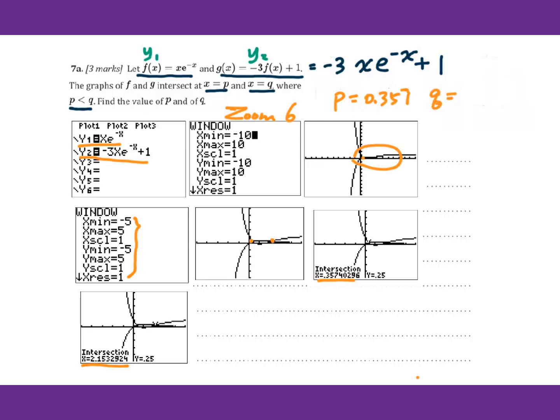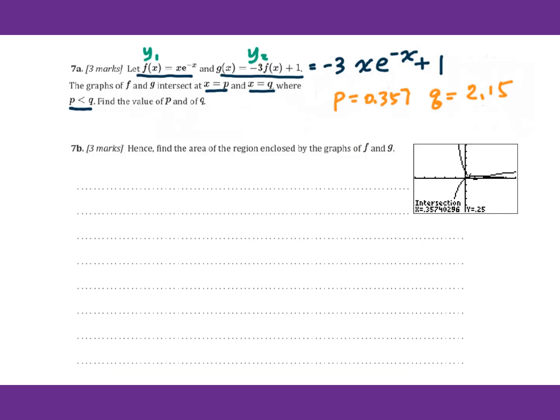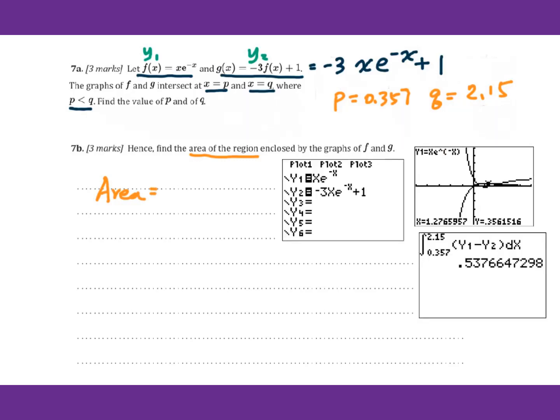Since p is less than q, p equals 0.357 and q equals 2.15. For 7b, find the area of the region enclosed by the graphs of f and g. We already put y1 equals f of x and y2 equals g of x.